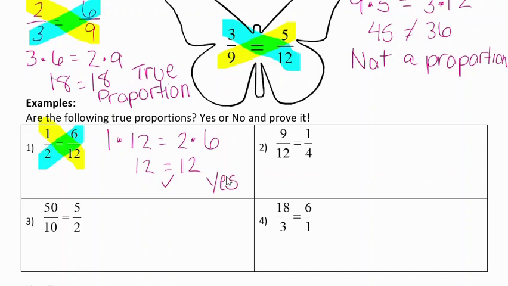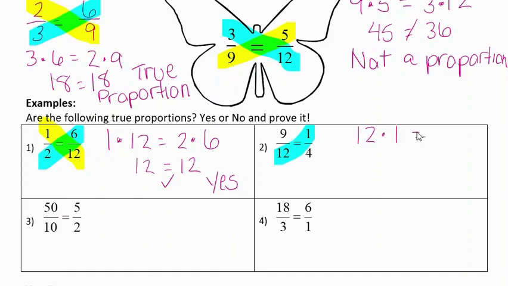So what I want you to try to do is, let's try number 2. Pause the video and try number 2. So if we look at number 2, I'm going to multiply 12 times 1 on my first wing. And it doesn't matter which way you multiply first.